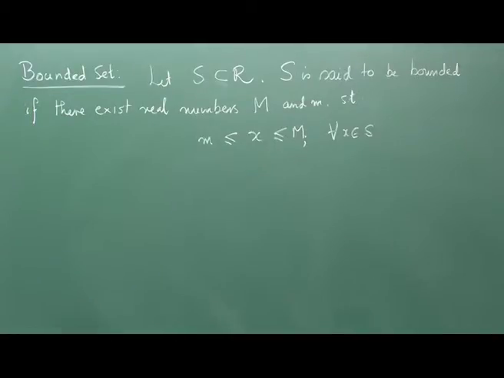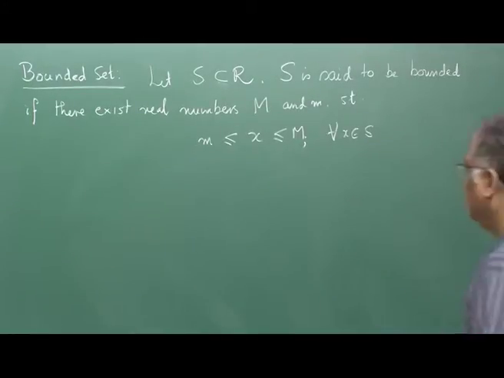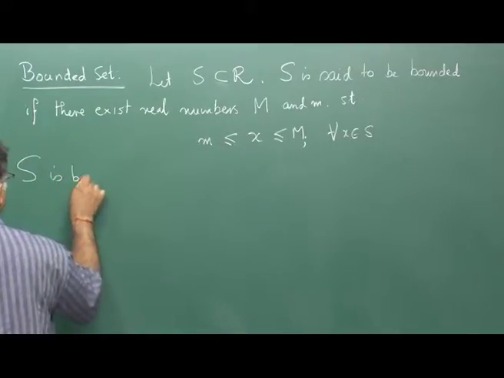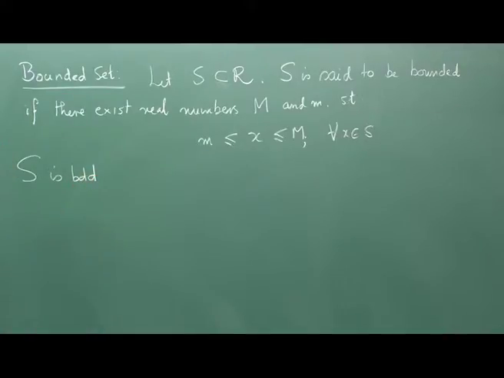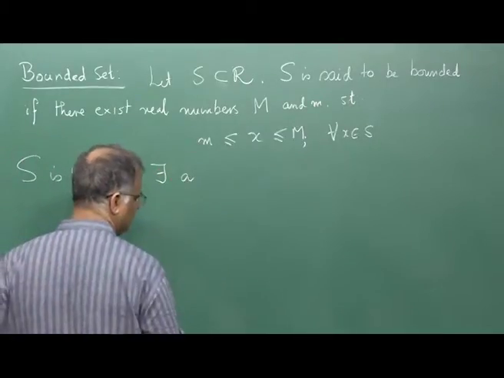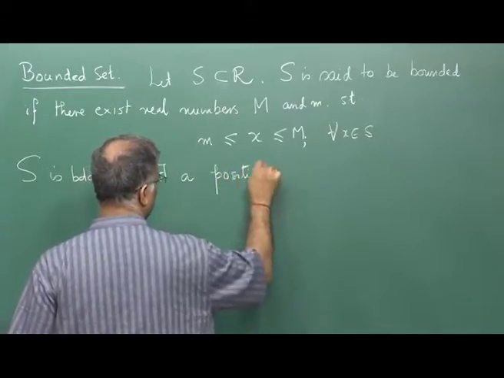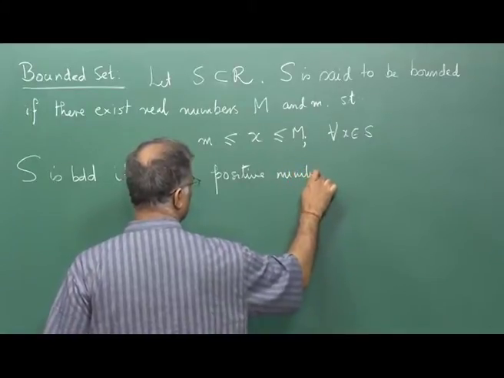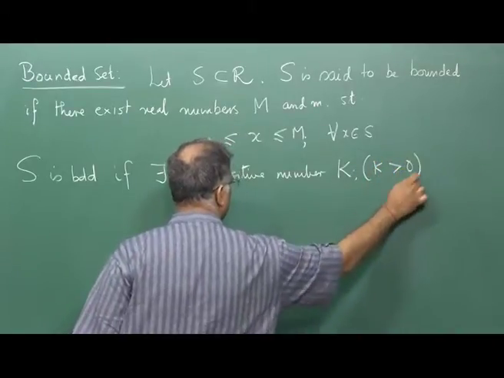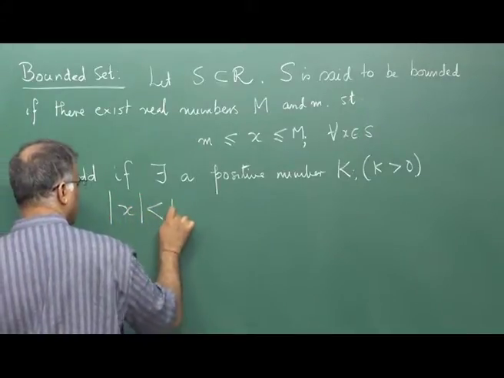Now, there is another way of expressing boundedness, which many people prefer. S is bounded, I am writing the short form BDD, if there exists a positive number k, that is k greater than 0, such that the absolute value of x is strictly less than k.